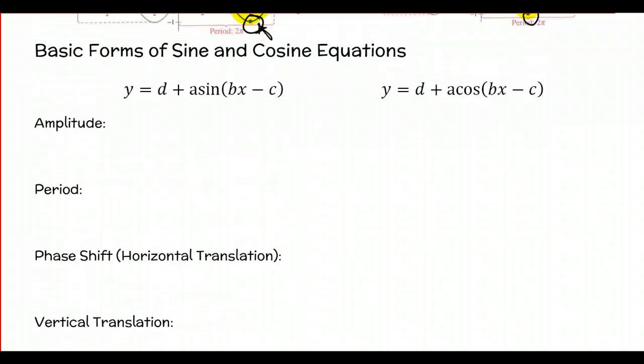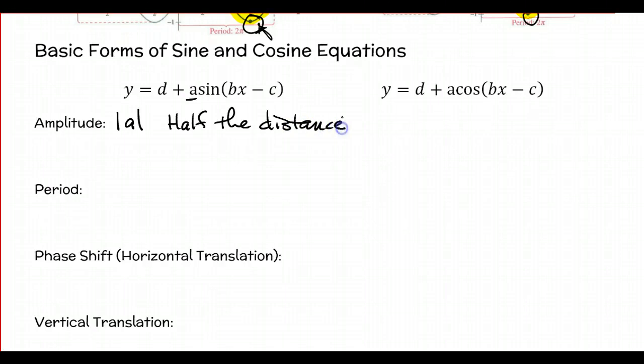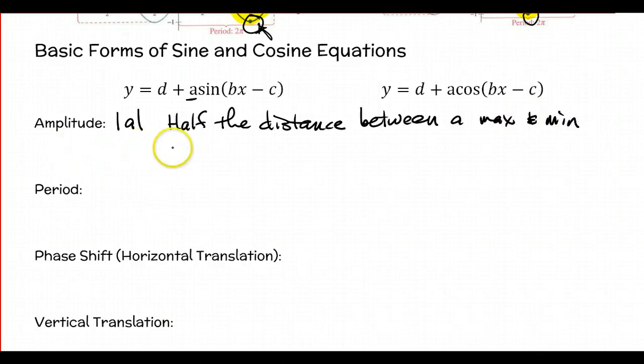So the amplitude is simply going to be the absolute value of a. Whatever this value of a is over here, the absolute value of a will tell us the amplitude. And that's simply half the distance between a max and min value.